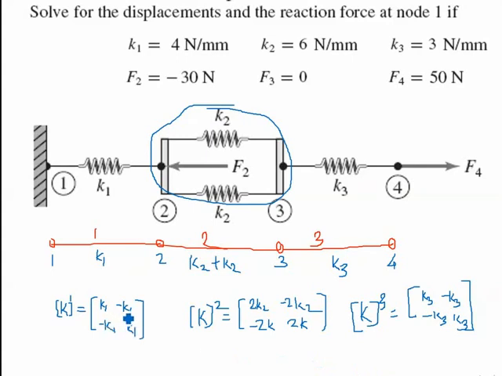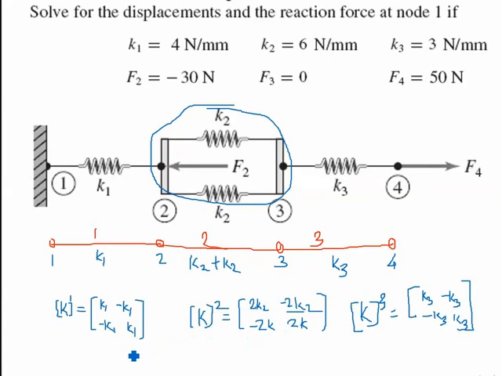K, minus K, 0, 0. Second row: minus K, K1 plus 2K2, minus 2K2, 0.